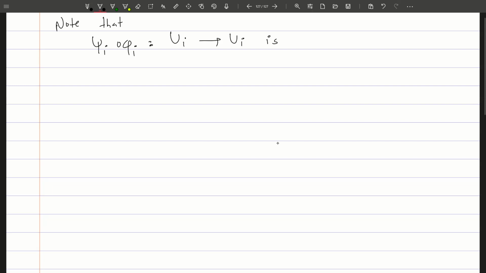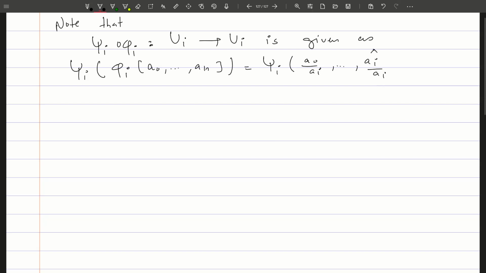So psi i of phi i: when we operate phi i on the point a naught to an, we get psi i of the point a naught by ai, through ai by ai, which is 1, through an by ai.